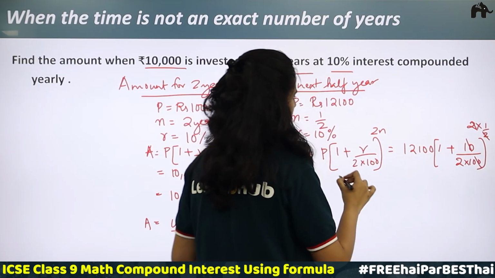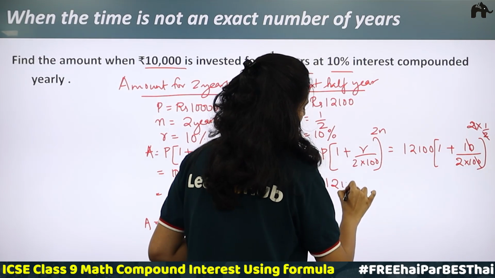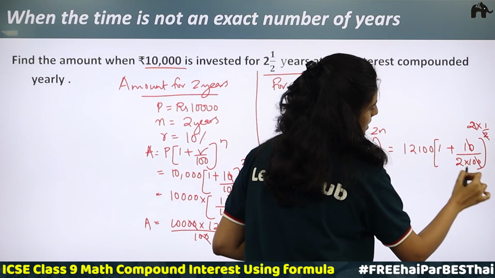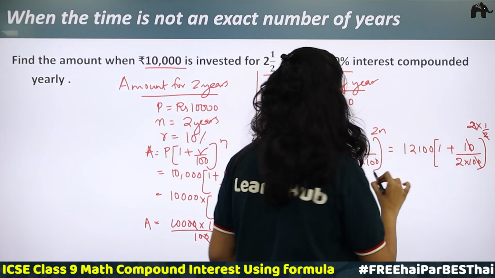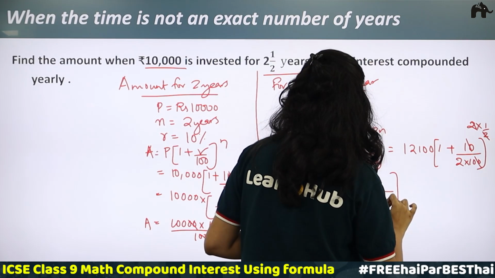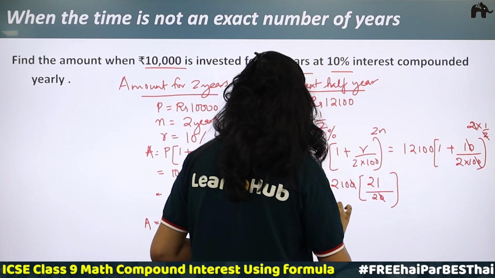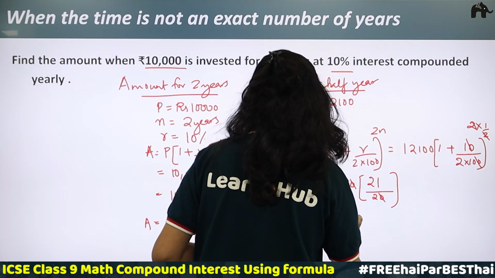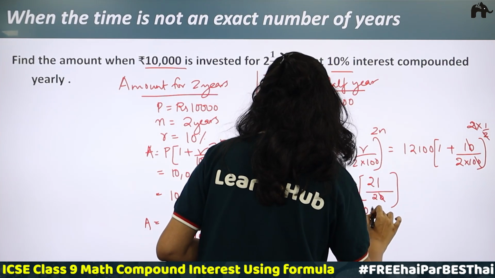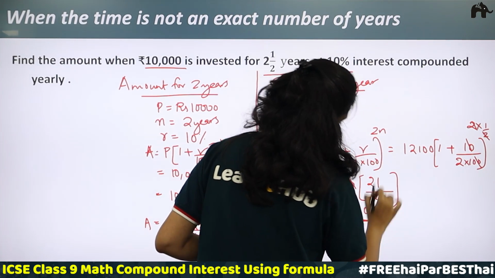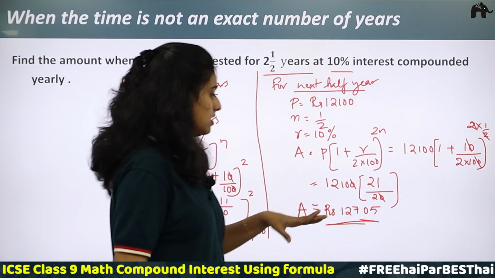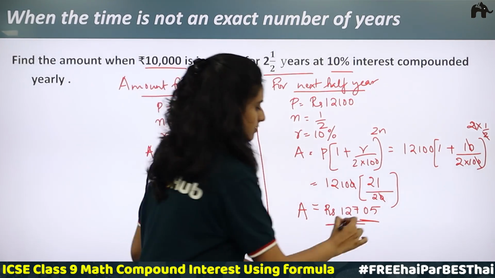Cancelling out zeros, you will be getting 12,100 into, this is 20, 20 plus 1, 21 divided by 20. Cancelling zeros, final answer you will be getting rupees 12,705. Okay, so this is the amount for 2.5 years, 12,705.